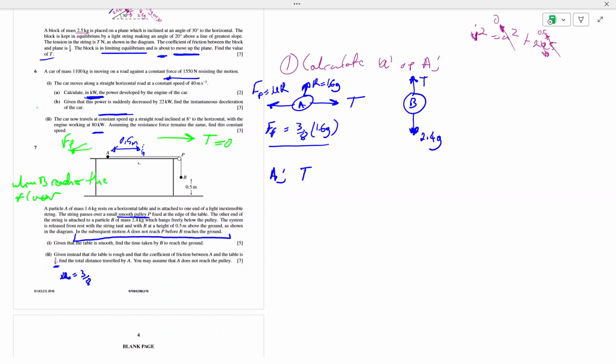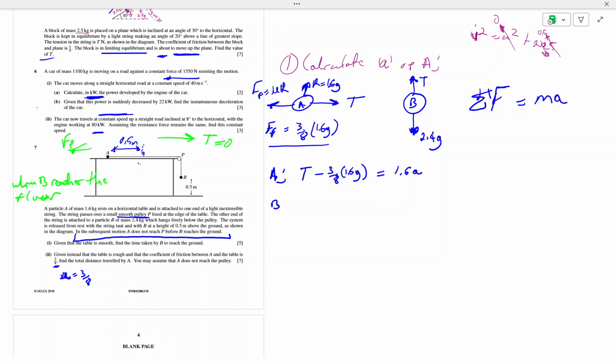I'm going to use Newton's second law, which is that the resultant force is equal to ma. In this case, T minus the friction force, which is 3 over 8 multiplied by 1.6 g, is going to give mass times acceleration.